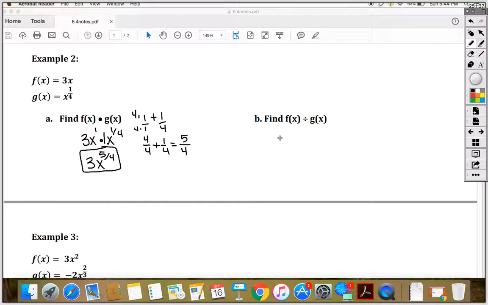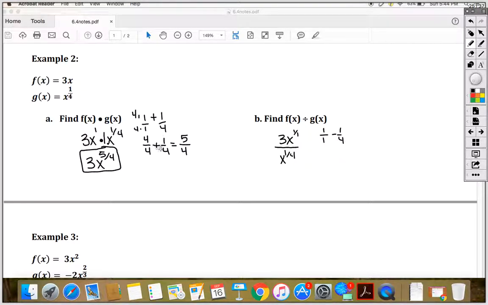Part B, we're going to divide these, so 3x, and remember division, just like we went over on the top, we set up like a fraction. g of x is x to the 1/4, so that would be on the bottom. So remember your rules for exponents. If you are dividing, the rule is you subtract your exponents as long as they're monomials, which they are. So I'm going to put a power of 1 over 1 up here so that I can subtract these.